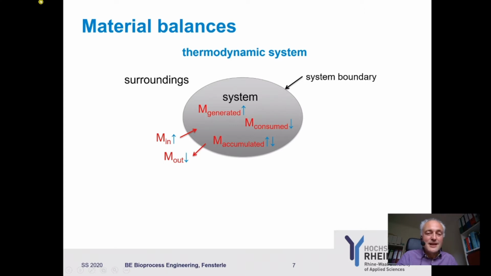And this is very simple. So of course, then you can say my mass which is accumulated at the end is my mass which gets in the system minus my mass which gets out of the system plus my mass which is generated minus my mass which is being consumed.